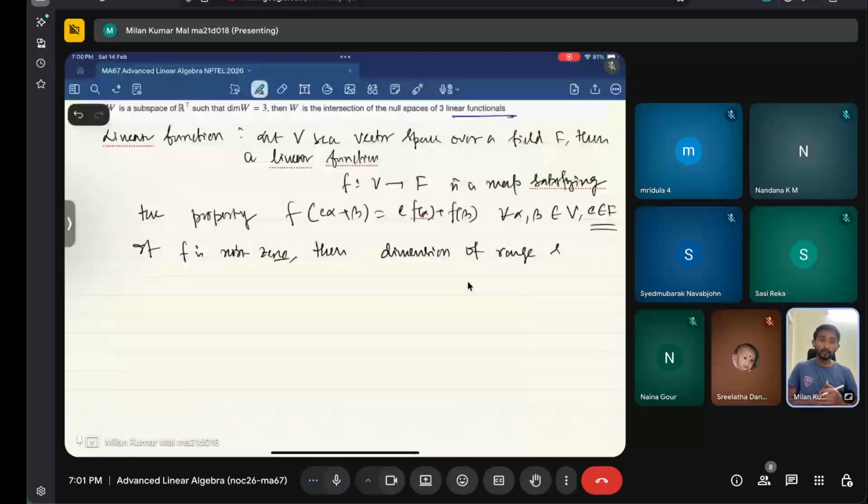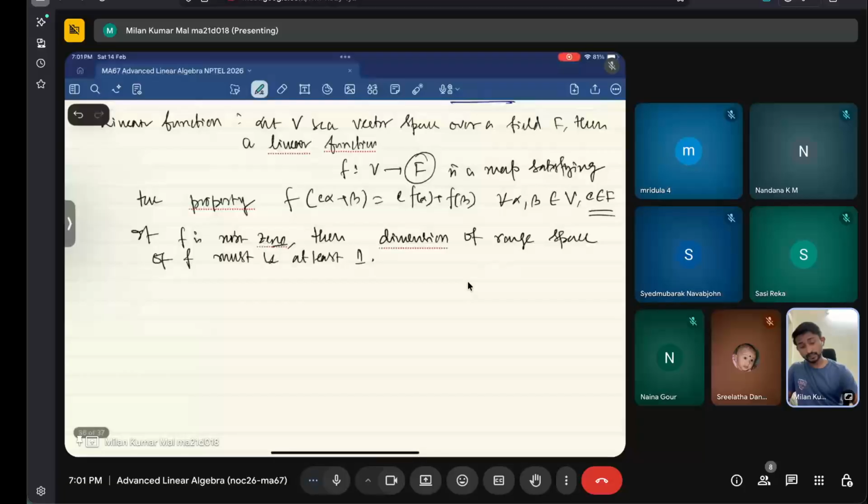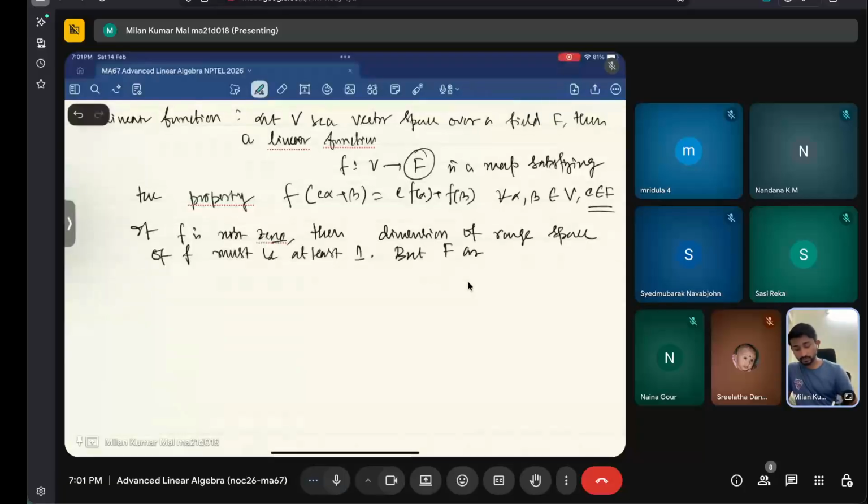But here the codomain, which is F, is a one-dimensional space. So F as a vector space is one-dimensional over F.